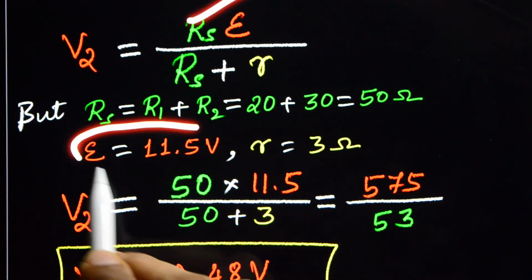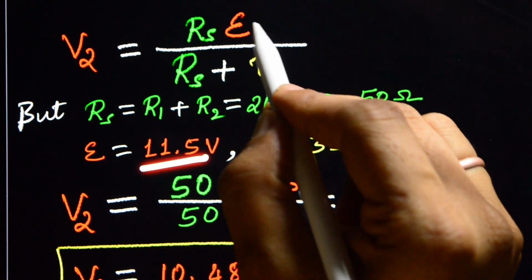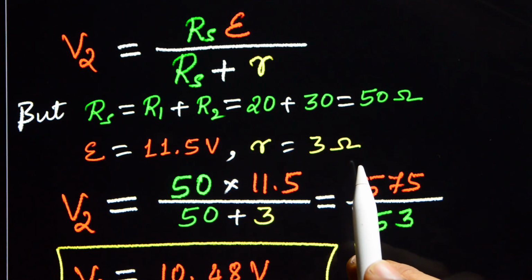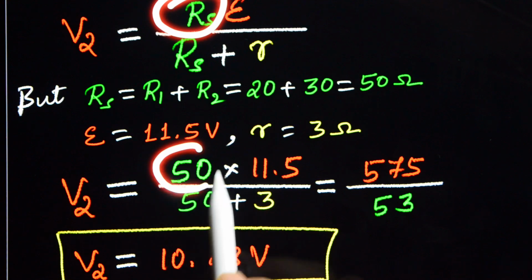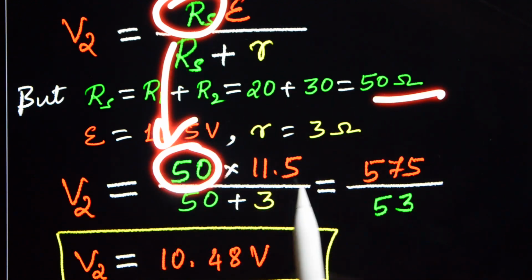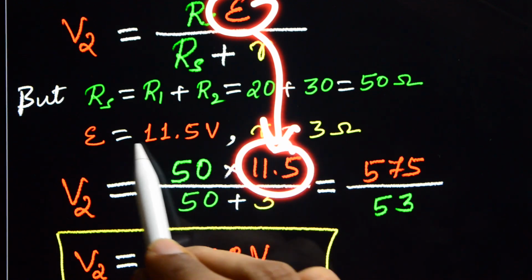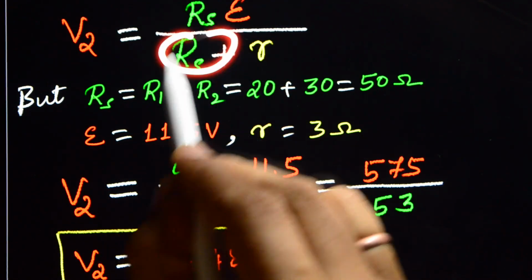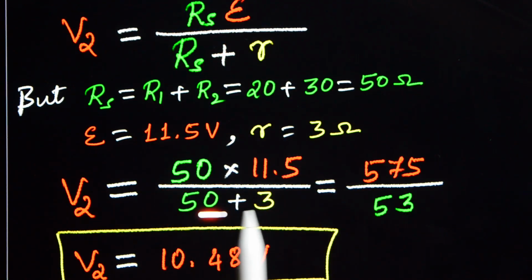The EMF of the cell is what we calculated earlier, that is 11.5 volt. Small r, the internal resistance of the cell, is 3 ohm, that is given. Substitute RS as 50 ohm. RS is 50 plus small r is 3.